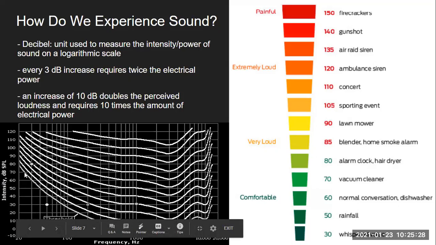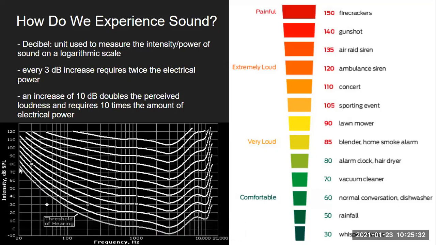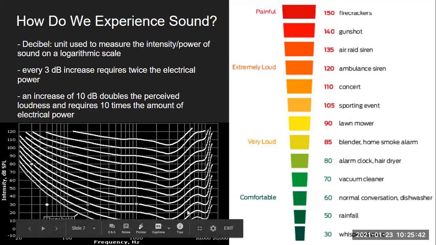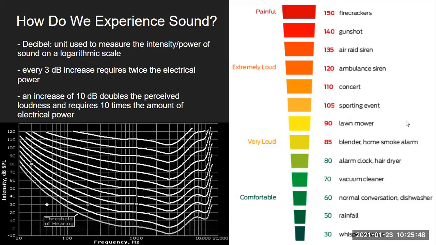You'll see that at the upper and lower limits of your hearing, it takes a much higher intensity for you to hear a really low frequency sound or a really high frequency sound than it would for something in the middle. So that's what that hearing curve looks like. You're not hearing all frequencies equally.